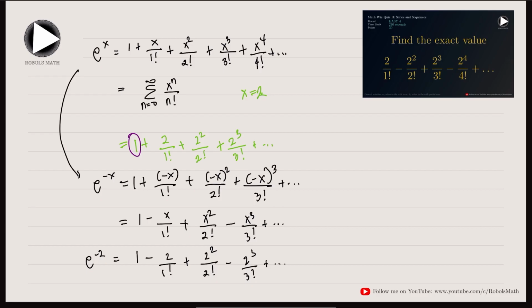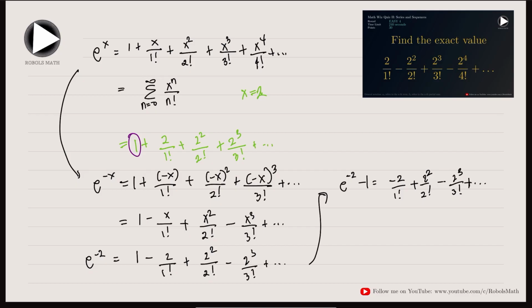To get what we want, we just subtract 1 from both sides to get e to the negative 2 minus 1 equals negative 2 over 1 factorial plus 2 squared over 2 factorial plus 2 cubed over 3 factorial. Oops, again, that's a minus, and so on.